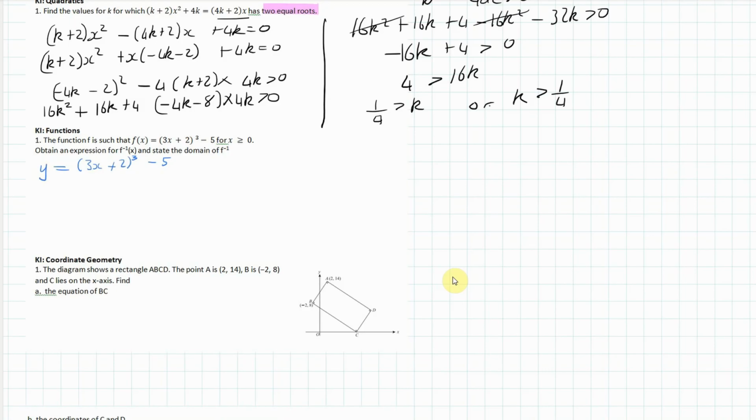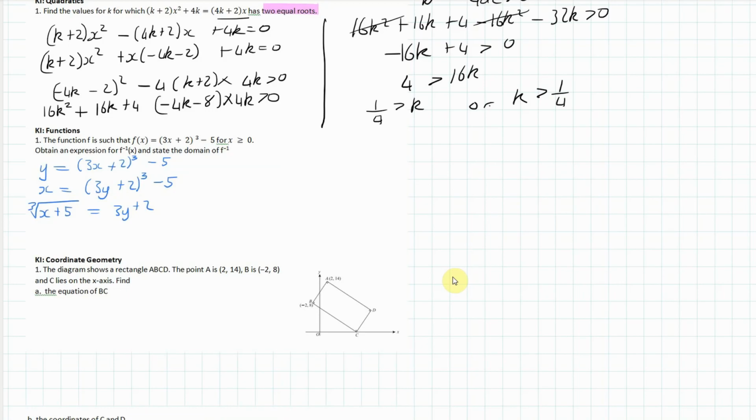And then we're going to swap our x and y values. And then we are going to move that across to there, and I guess we can take the cube root of it.